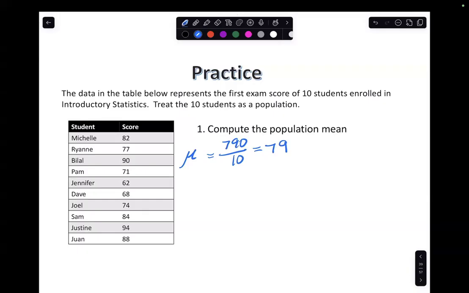All right, how we do? Hopefully calculating mean, we're feeling okay with it. All right, any questions before we move on?